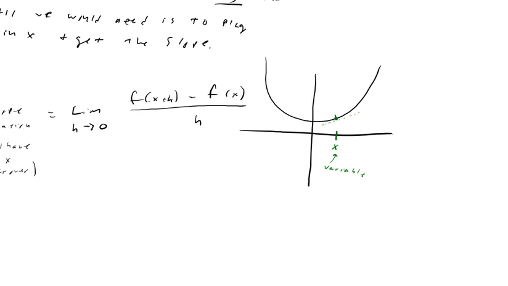What we do is we imagine there's kind of a little space here, a little gap. We go to some kind of next point, and this space here is h. And so this second value is x plus h, right up here.